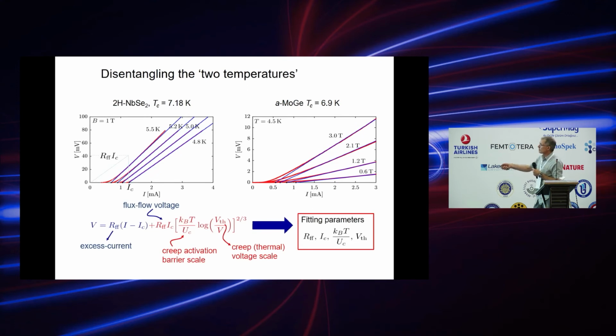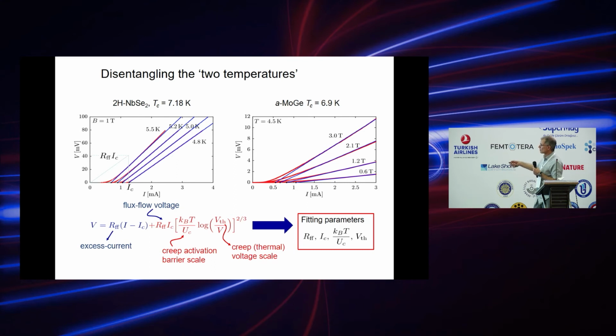straight lines, this blue straight line, to linear IV curve, which is what would be without creep, and you extract parameters, well, the value of critical current, which is just extrapolation of this curve to zero, and the slope. So that's the first step.